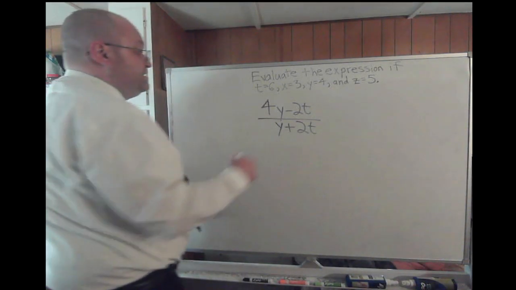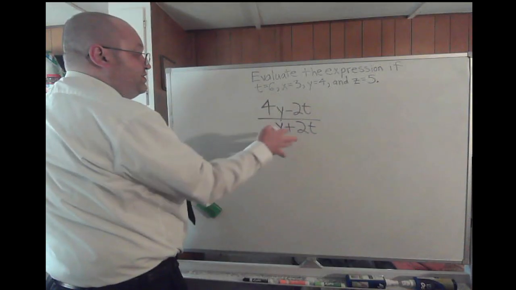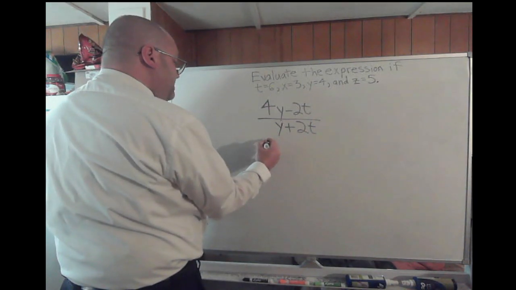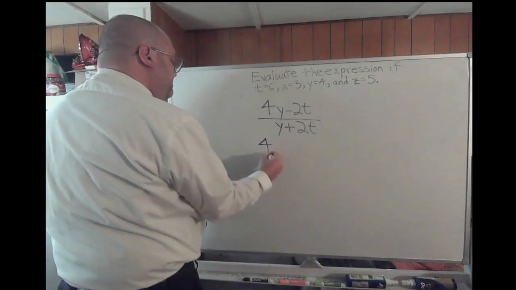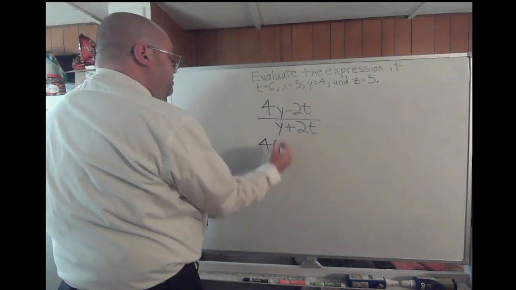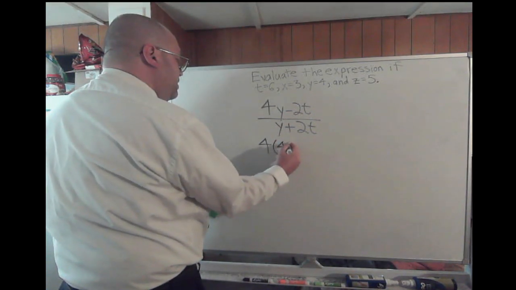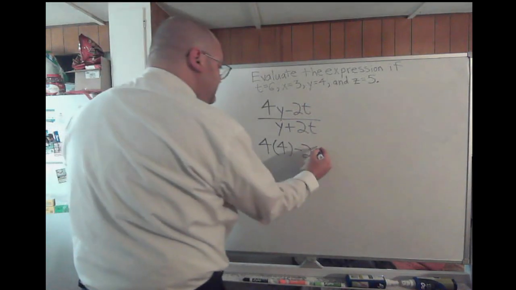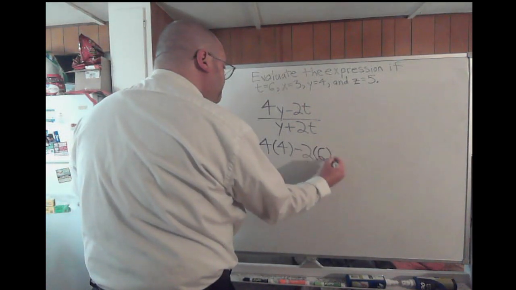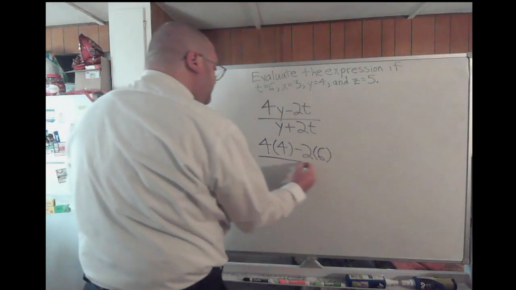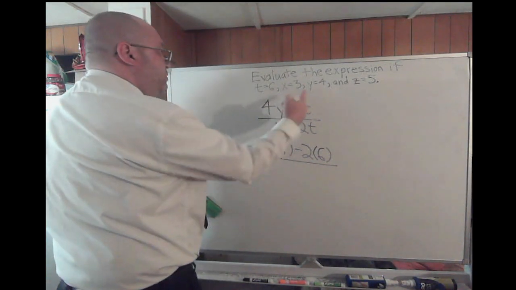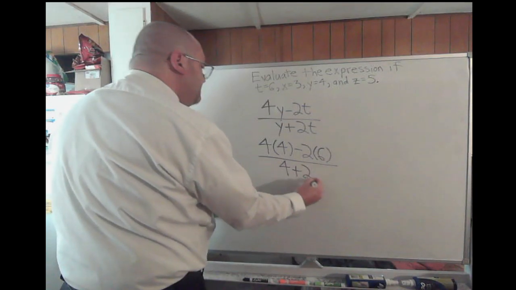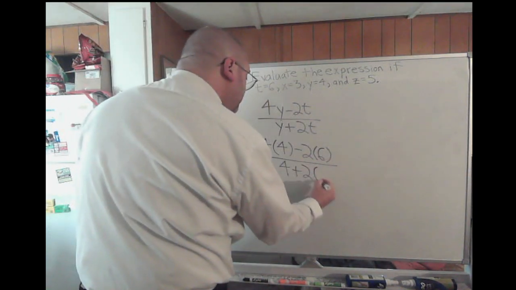Well, again, substitute in your values for the variables wherever you see the variables. Y equals 4. So in the numerator, we'll put in 4 times y, which is 4 times 4, minus 2 times that value of t, t equals 6, all over that value of y, which is 4, plus 2 times that value of t, which is 6.